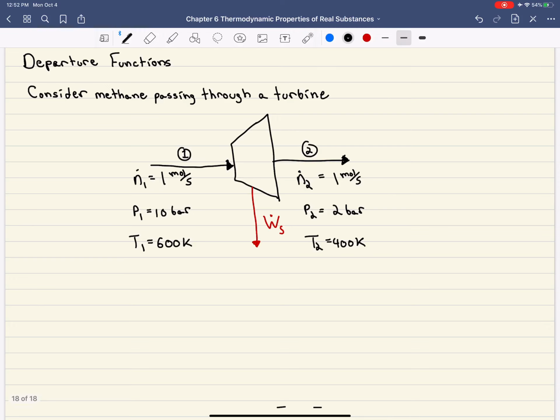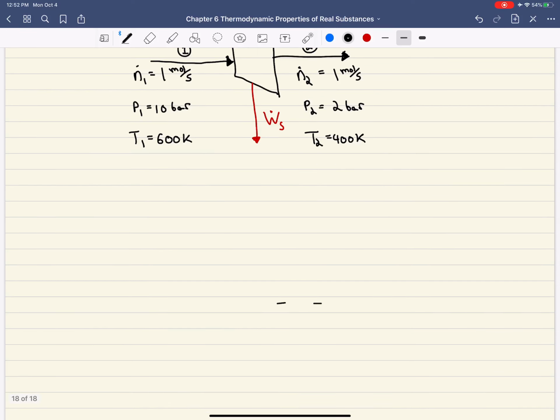We could go through this problem using the same things that we've done before. If we go through the energy balance, we could show that the shaft work divided by the molar flow rate is just equal to the difference between the outlet molar enthalpy and the inlet molar enthalpy.